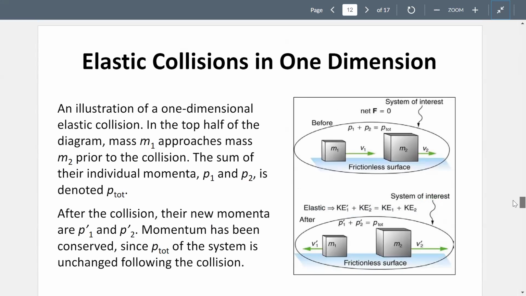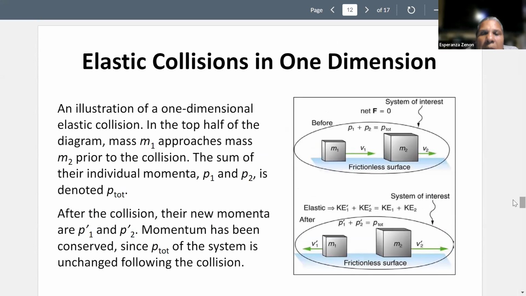So here's a picture of what we mean by an elastic collision, okay? So you see here, we have these two objects in the top of the picture, M1 and M2. And you can see that they're both moving to the right, each one has their own velocity, V1 and V2. So now if we take M1 times V1, we get the momentum for object 1.